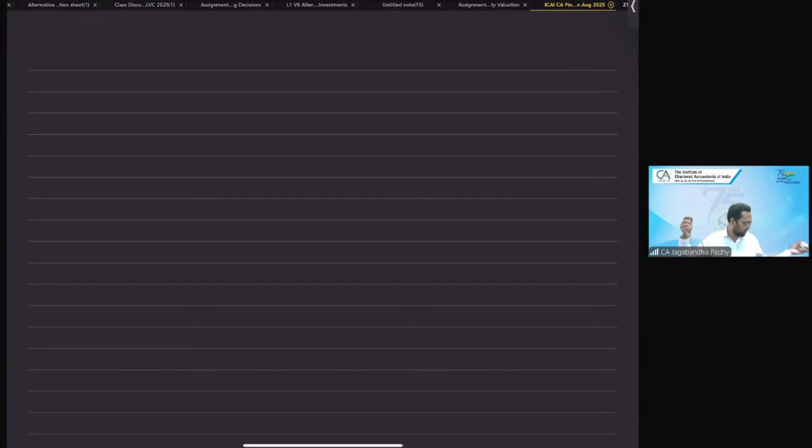For example, if you just go to the market and you ask the price of, let's say, 1 kilo of potato, right? And the vendor quotes it as rupees 1,000.